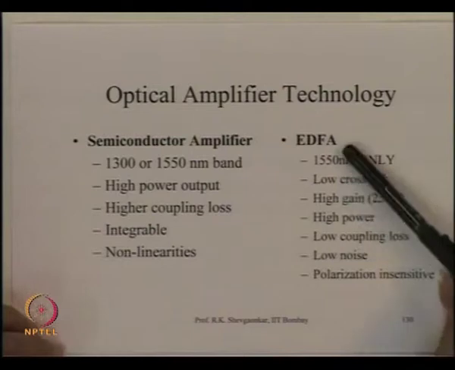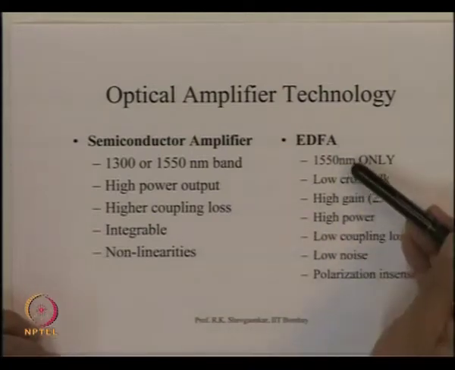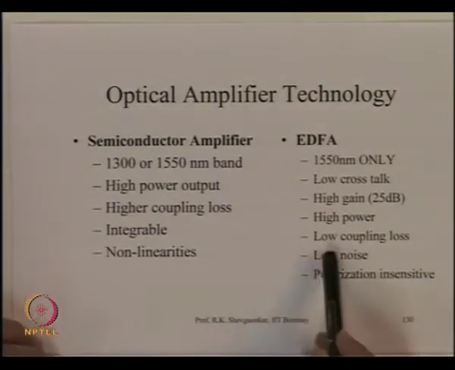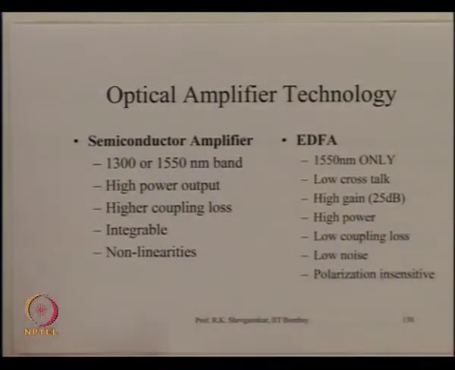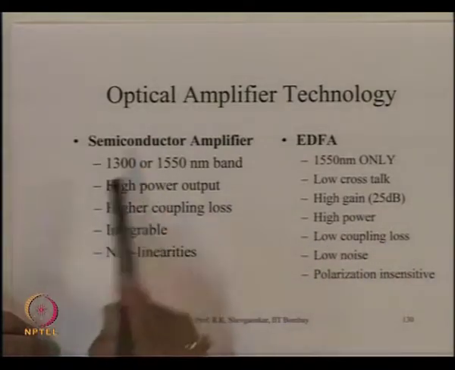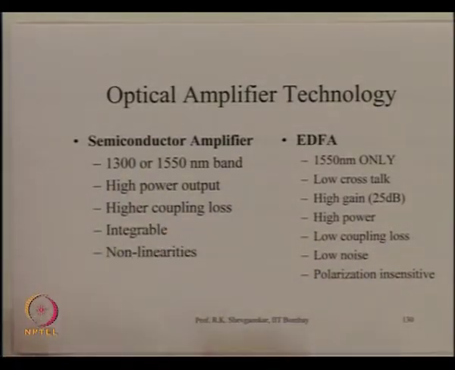It has many advantages over the semiconductor amplifier. Since it is fiber based, it has very low coupling loss, and it also gives good gain, can handle high power, low crosstalk and so on.